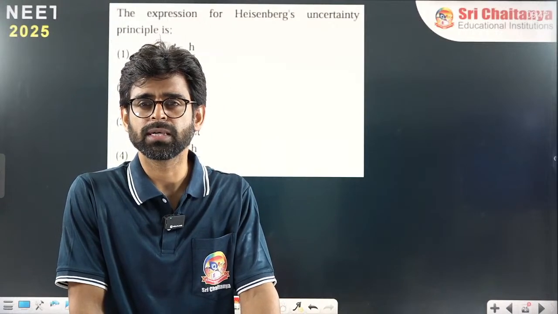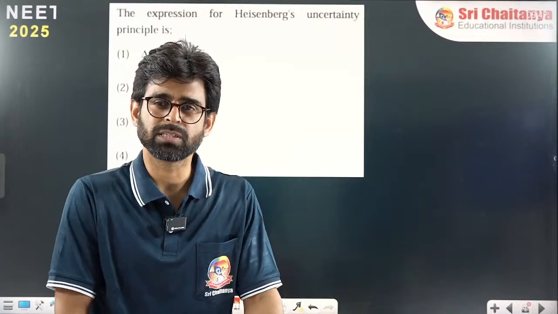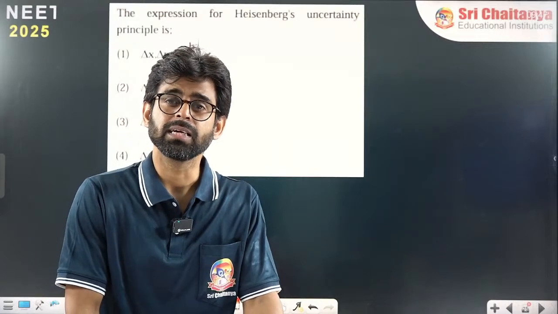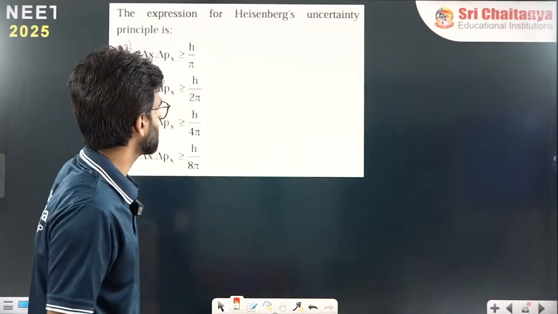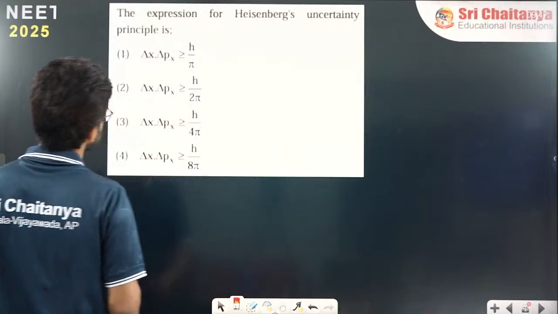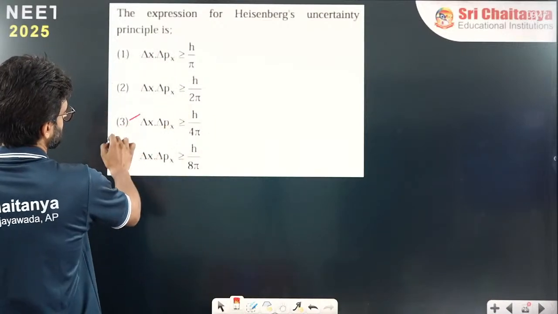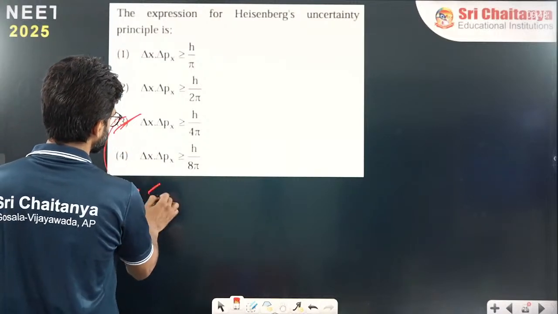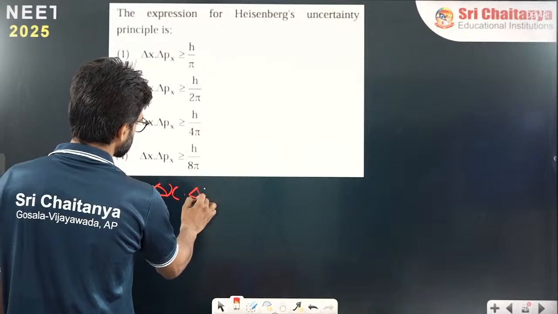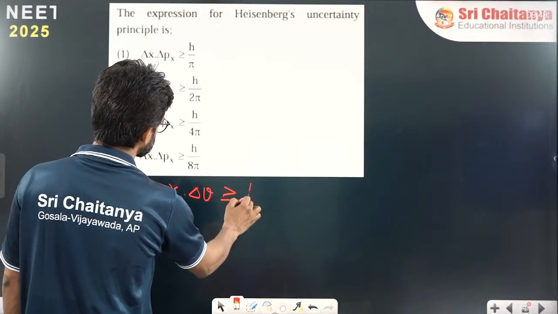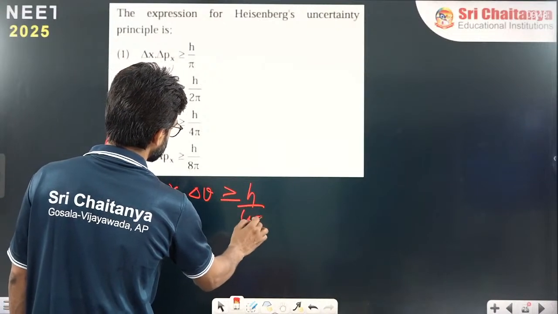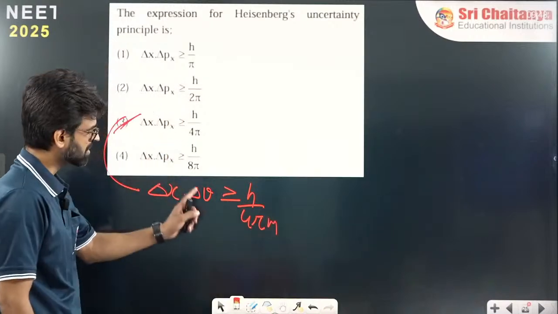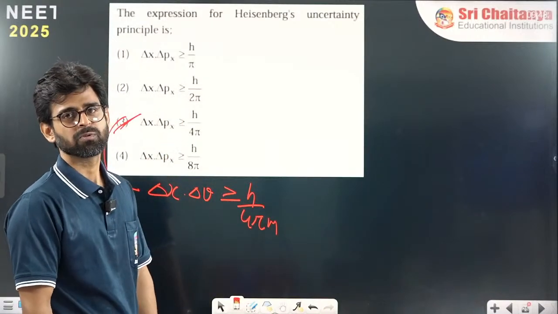If you want to decrease the error in the position, the error in momentum will increase, right? So we know the relationship very clearly. Delta x into delta p will always be more than what? H by 4 pi. Or if I modify this a little bit, so delta x into what? Delta v is more than or equal to what? H by 4 pi m, because delta p is what? m delta v. So in that we can go.